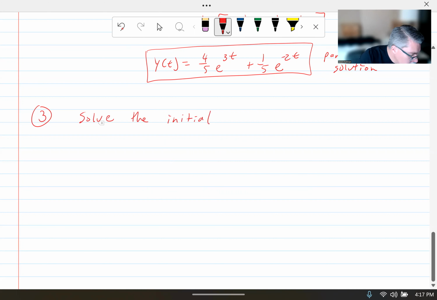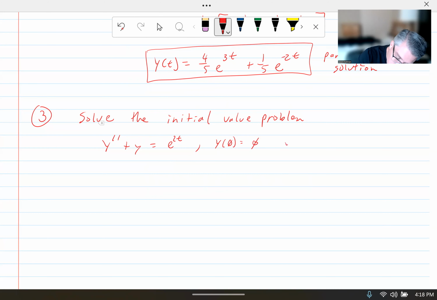Solve the initial value problem: y double prime plus y equals e to the 2t, with y naught equals 0 and y prime naught equals 1.